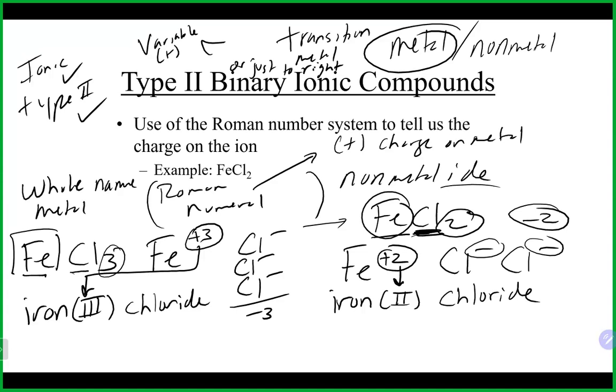So it's common knowledge that it's always going to be +1. So you don't need to tell people, hey, that guy has a +1 charge, because it can't be anything else. But in the case of iron, it can be something else. So you have to tell people, in this case, we're talking about the guy with the +2, or in the next case, the guy with the +3. Any questions on that there?